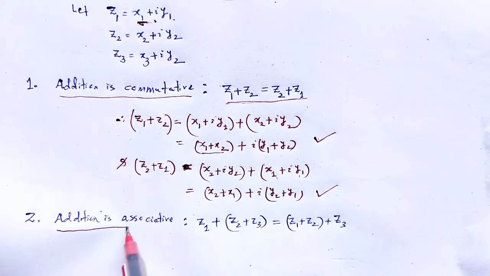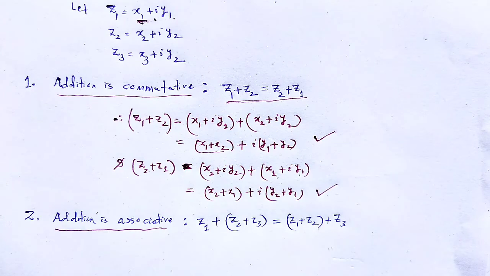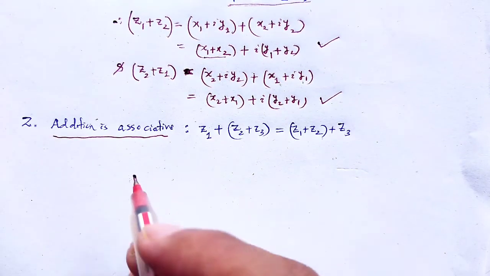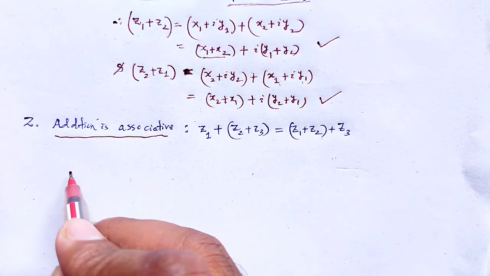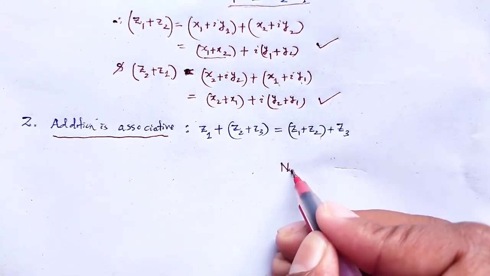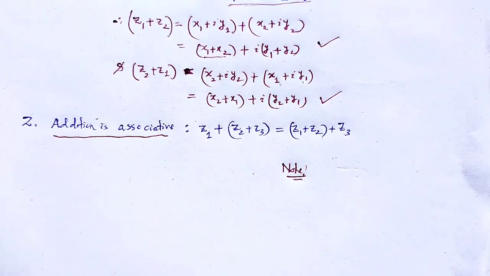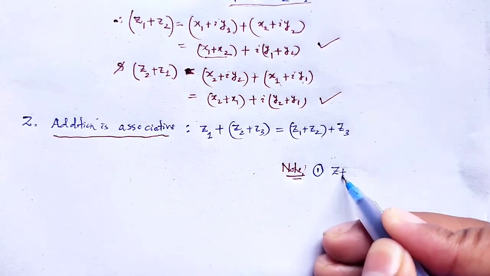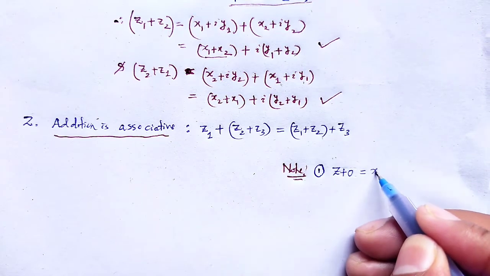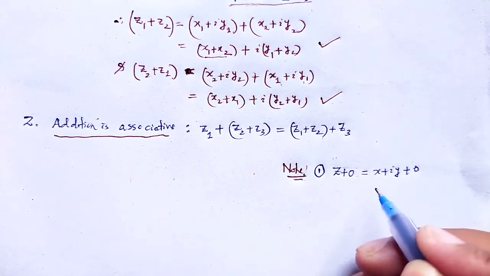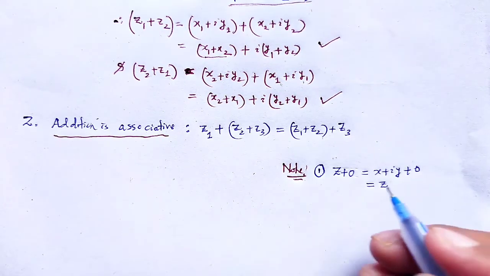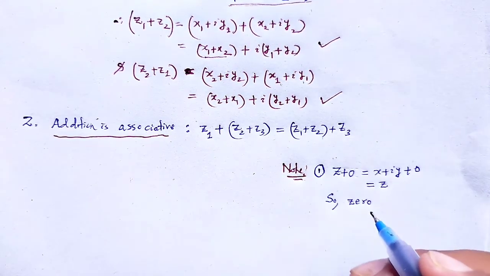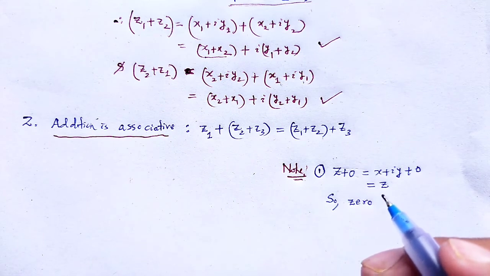Next, we have to note that in the case of addition, if 0 is added to a complex number, we have the same result: x plus iy plus 0, which is the same as z. Therefore, 0 is said to be the additive identity of z.